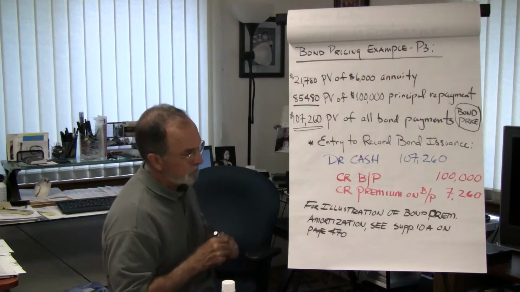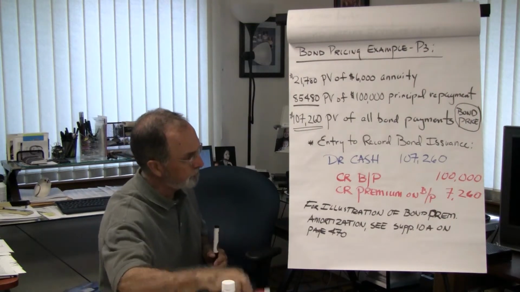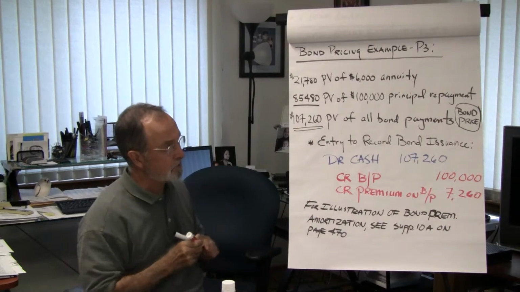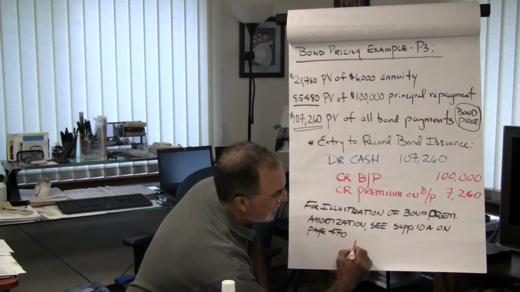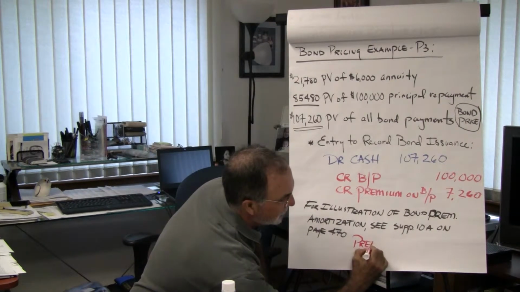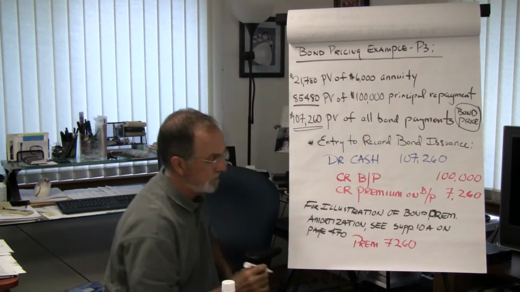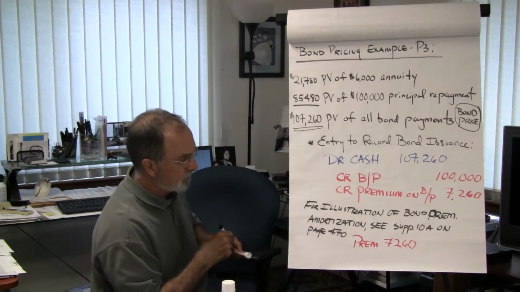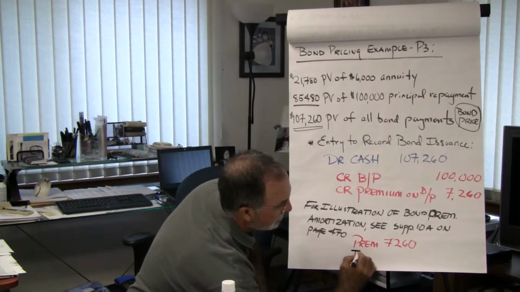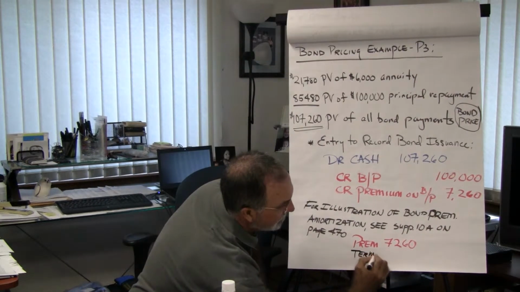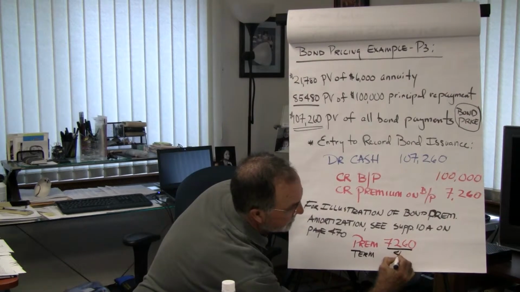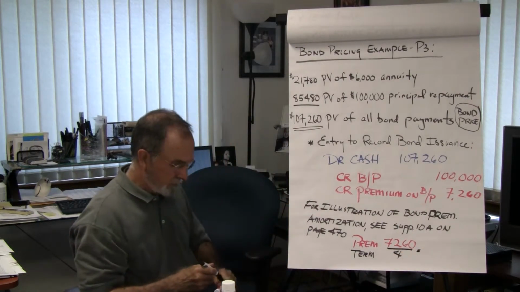Well, how do we get the amortized premium? Using the straight line amortization method, we would take the total premium of $7,260 and the bond term of 4 years and do that calculation.